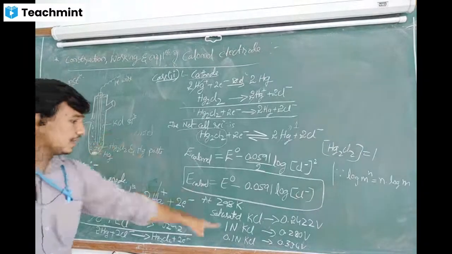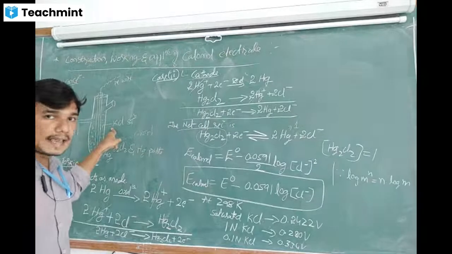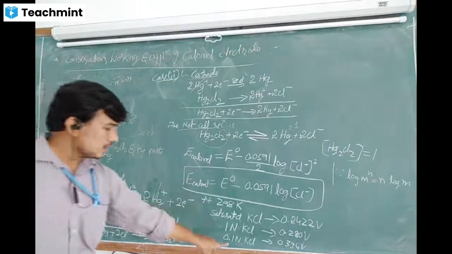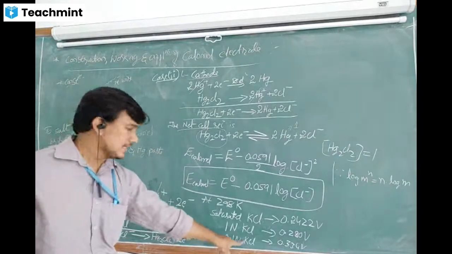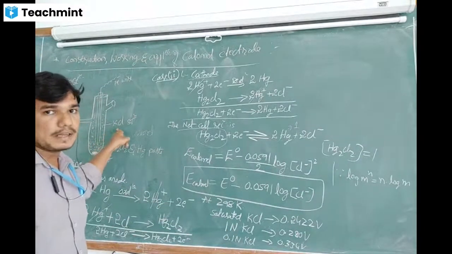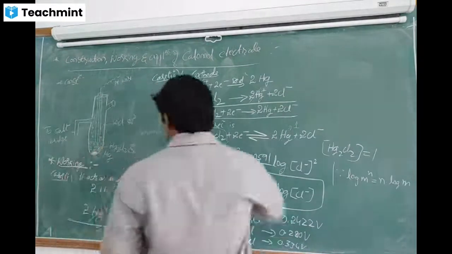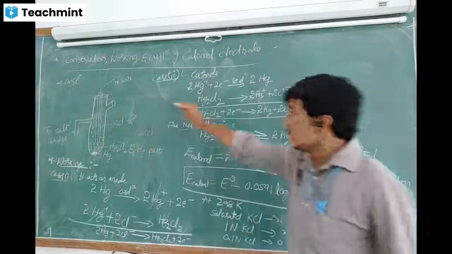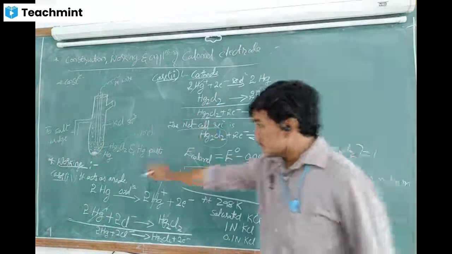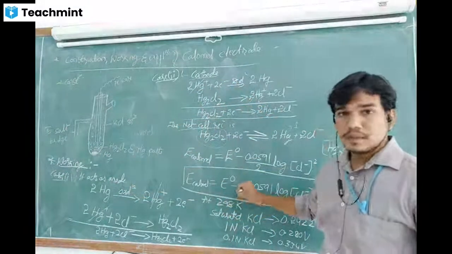If we use normal KCl solution, it is called the normal calomel electrode. If we use decinormal KCl solution, we call it the decinormal calomel electrode. Okay, so this is about the construction. For working, you have to write case 1, case 2.